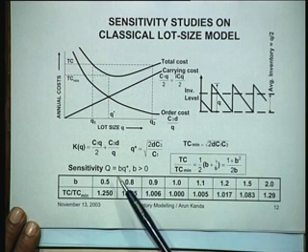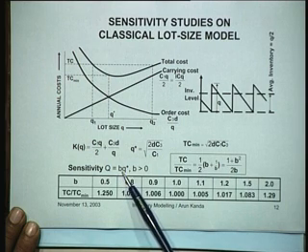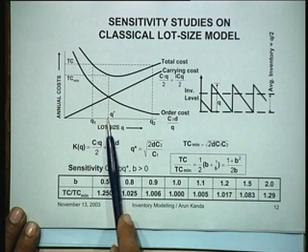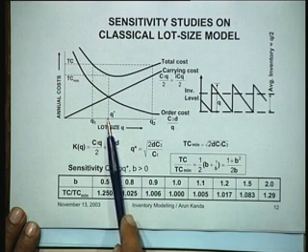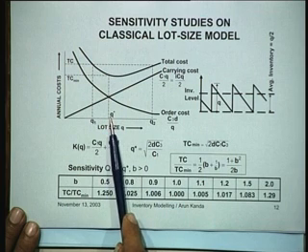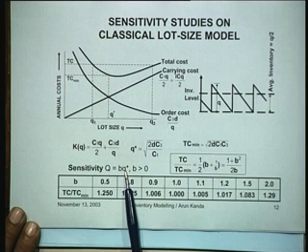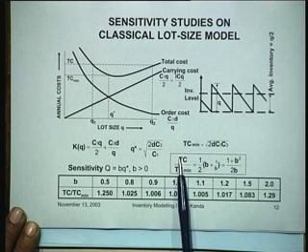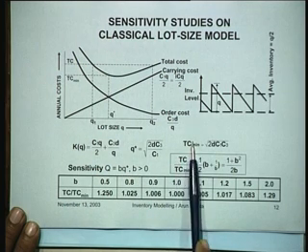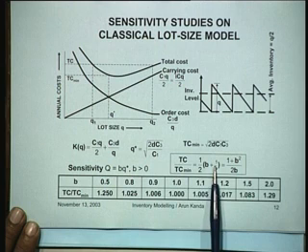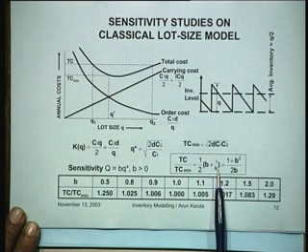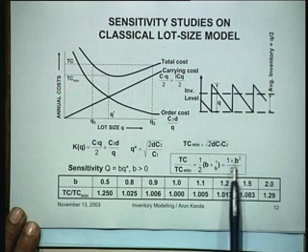Now if you define a quantity B, where Q equals B times Q star, which is measuring the amount of deviation you have from the optimum lot size here. So you have B Q star, and then the total cost for that particular value divided by TC min. If you calculate this, this is simply 1 upon 2 into B plus 1 by B, and this value is 1 plus B square by 2B.